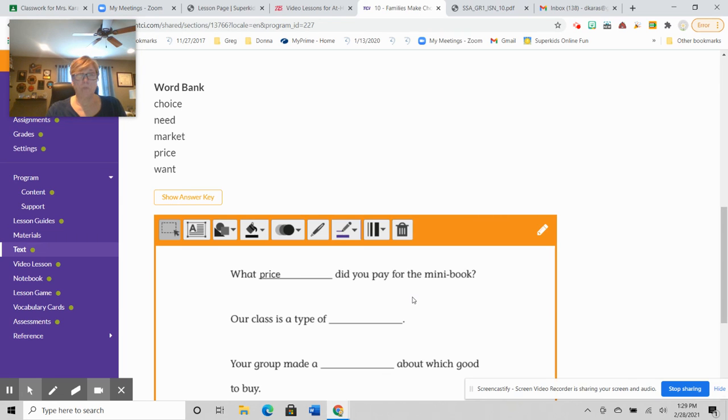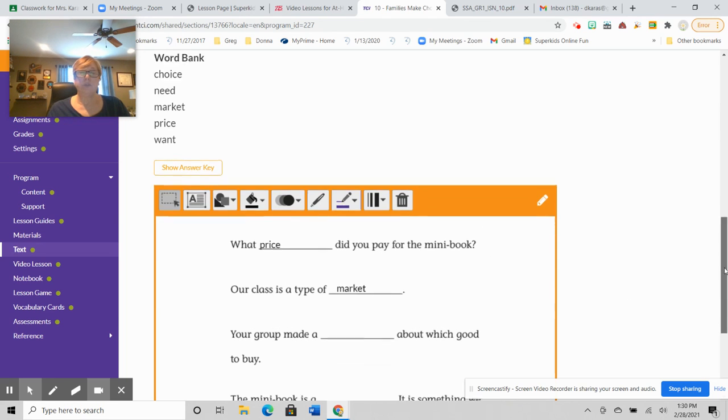Ooh, well, market could be for goods and services, and our class is a type of want because we've already used price, so I'm not going to use that word again. Believe it or not, boys and girls, our class is a type of market because that is a place where you receive a service, okay, of schooling. So our class is a type of market.